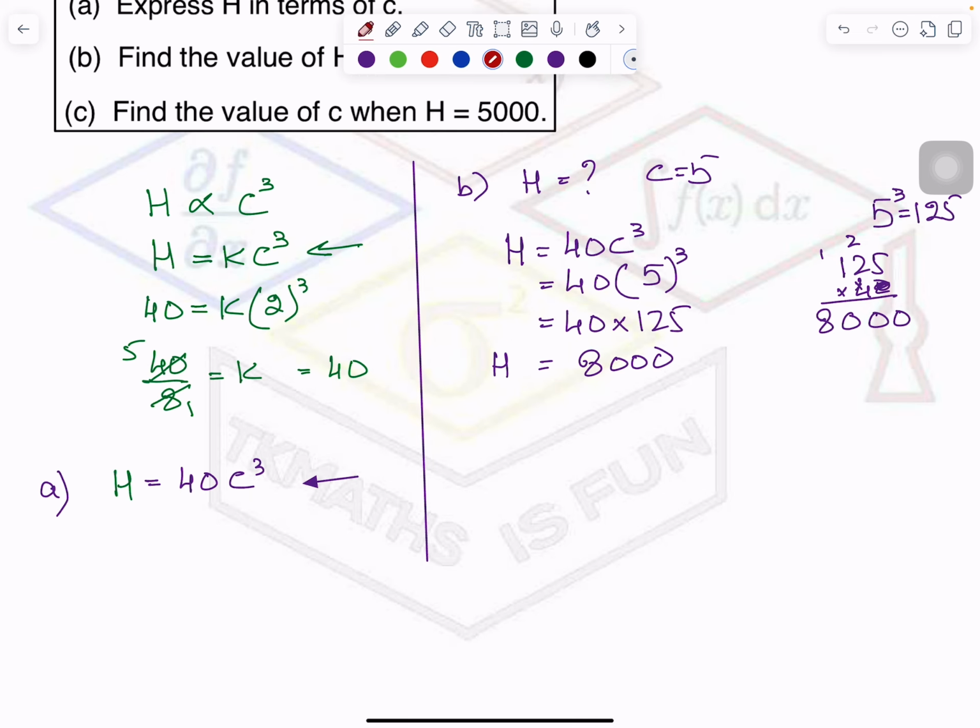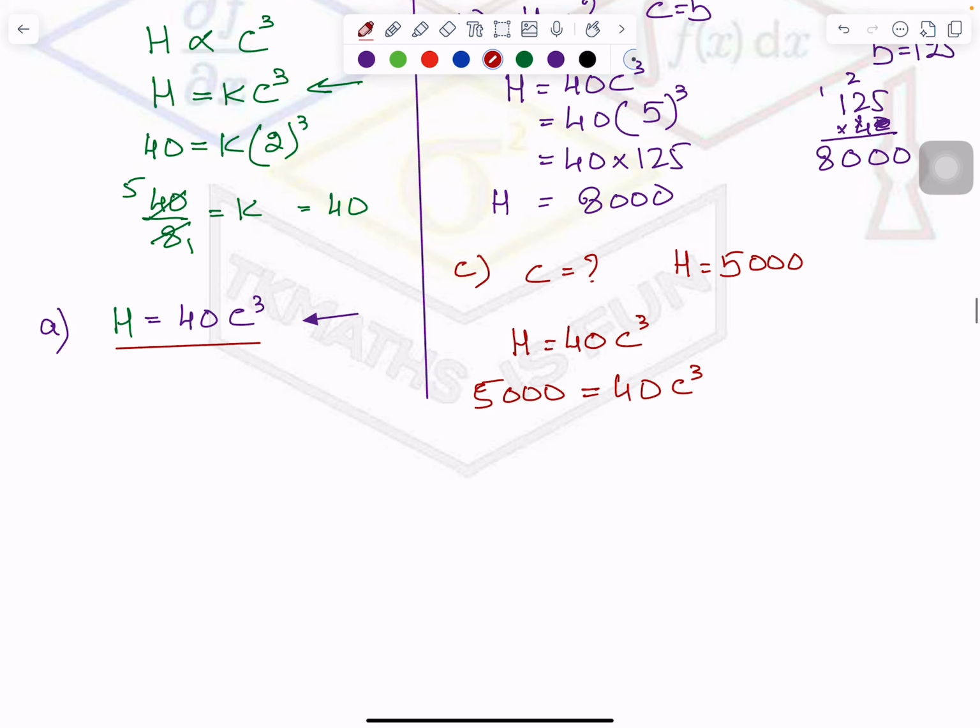Last part. You have to find the value of C when H is 5,000. So in the same equation which you have found in part A, substitute 5,000 in place of H. So I will write here 5,000 and then cross multiply. Of course, you can take 40 down here.